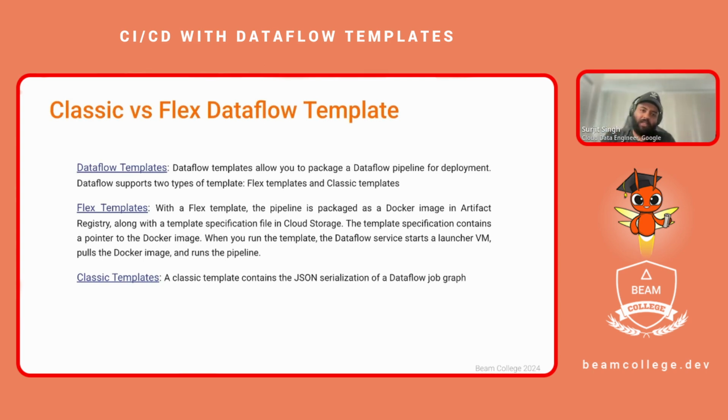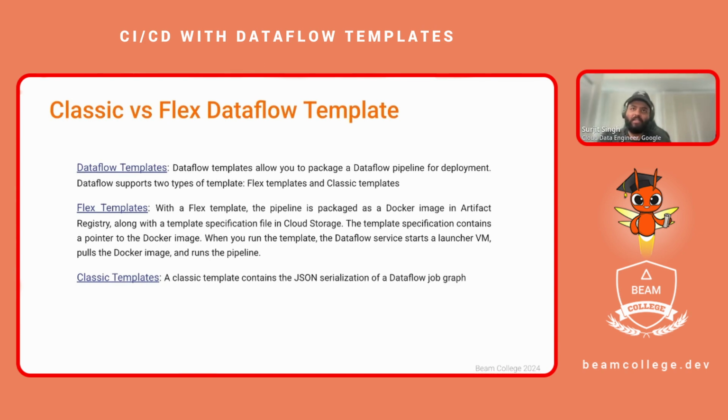In classic templates, it's just a JSON serialization of your Dataflow graph. So when it launches, Dataflow tries to get all the dependencies from the public internet and downloads them. With Flex, I work with different use cases where we don't have public access.